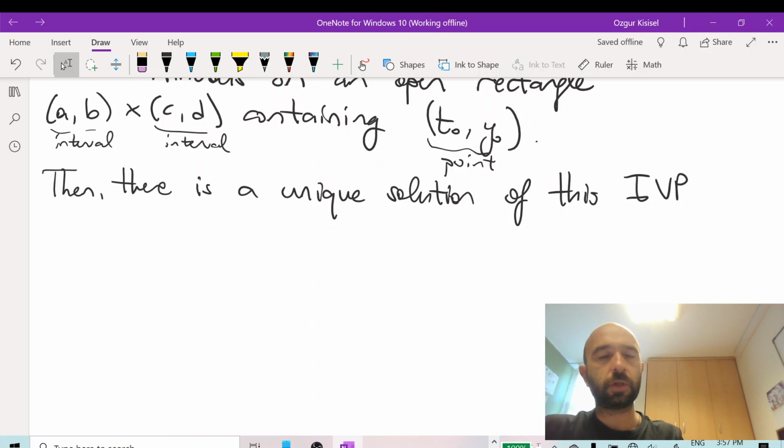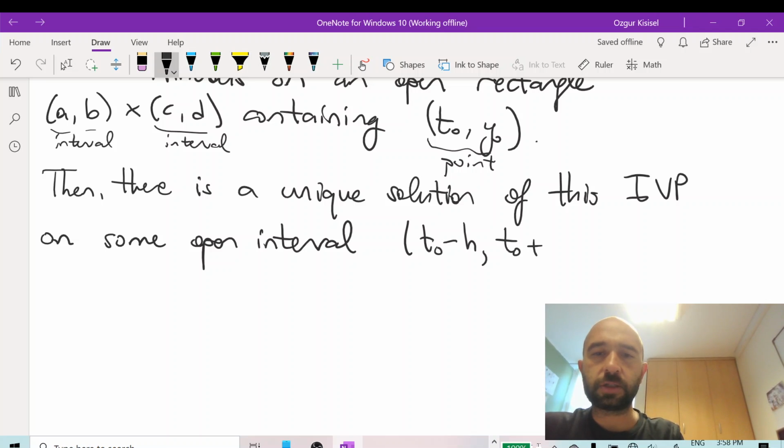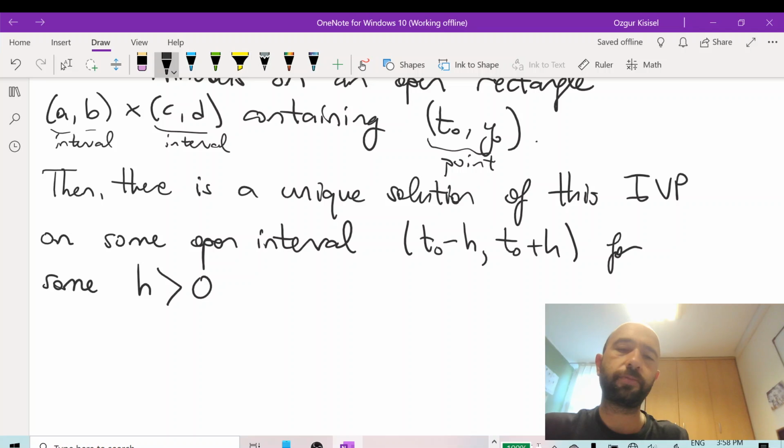Good, but unfortunately not on the given intervals or anything related to the given intervals in general, but on some open interval (t0 minus h, t0 plus h) for some h greater than 0. This is again an interval, not a point.